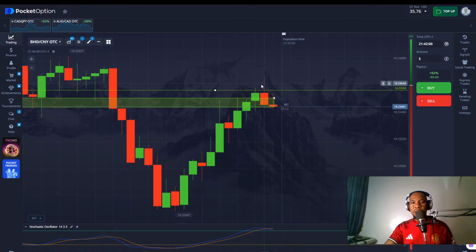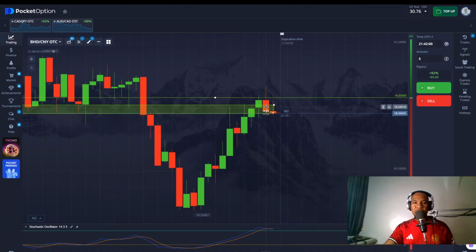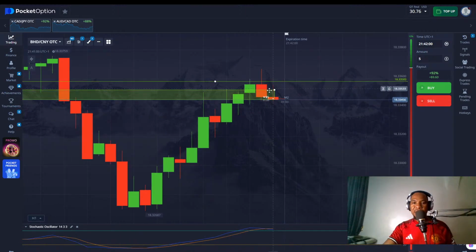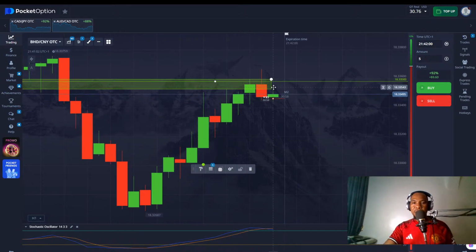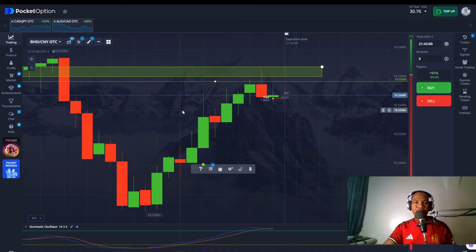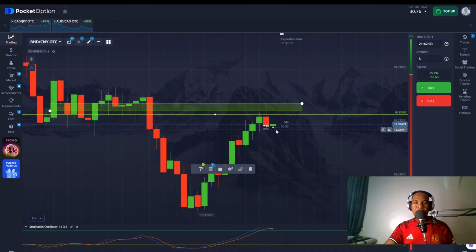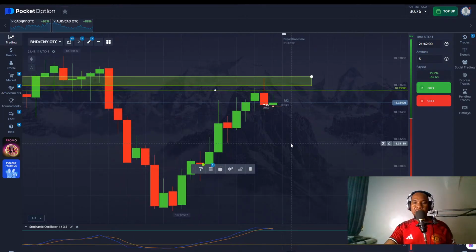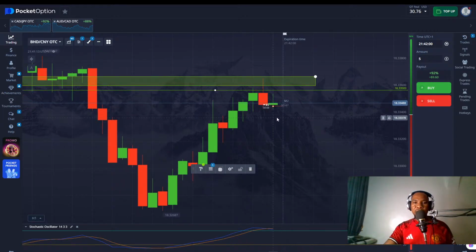So price has reacted here and is probably going to go further down, because it has reacted here and there's also a pullback here. So look at this pullback here. So I'm expecting price to push down. I don't know why it's not pushing.